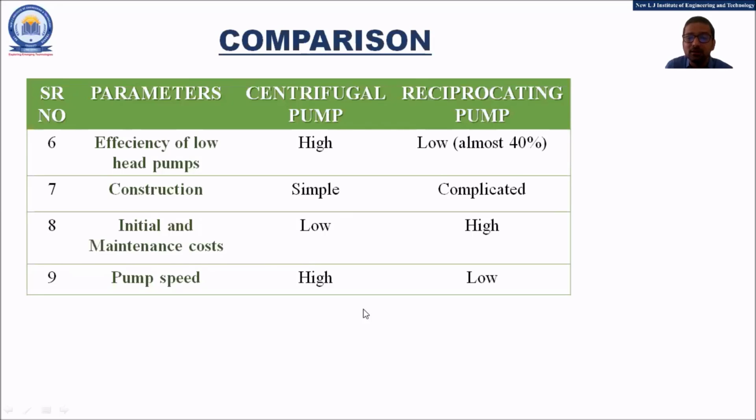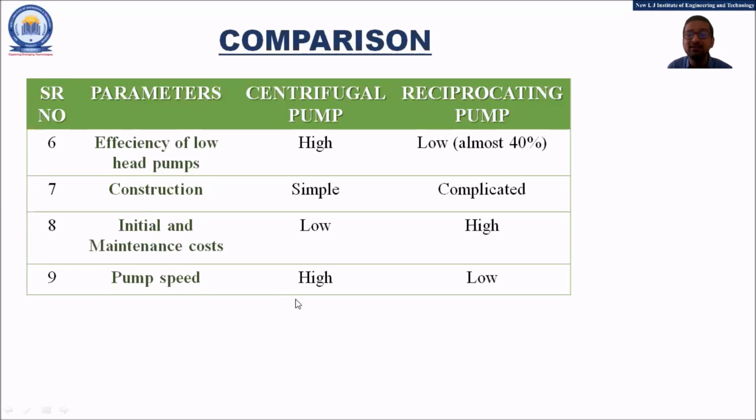So friends, the simple answer to my question: if the pump speed is higher in case of the centrifugal pump, then because of this high speed, the centrifugal force produced in the impeller will be increased.